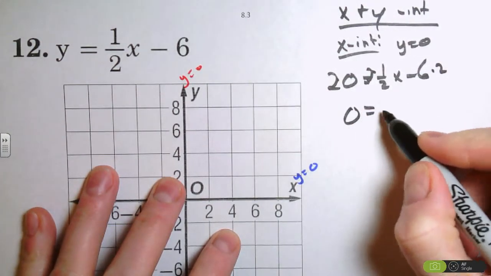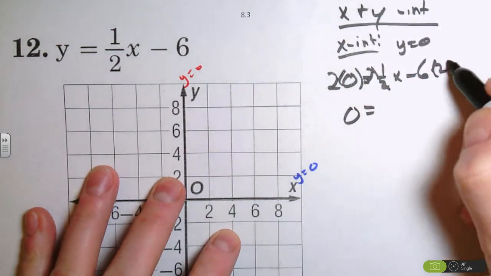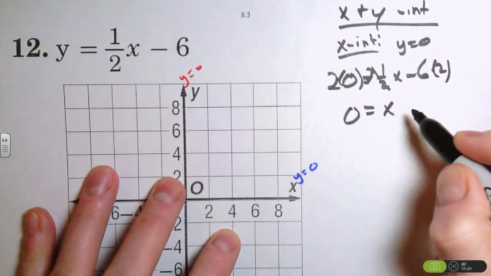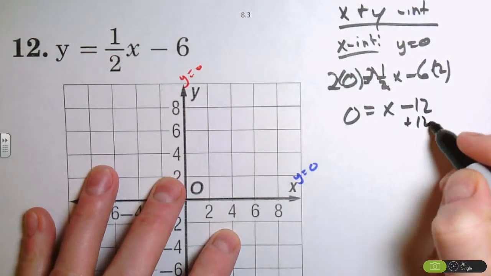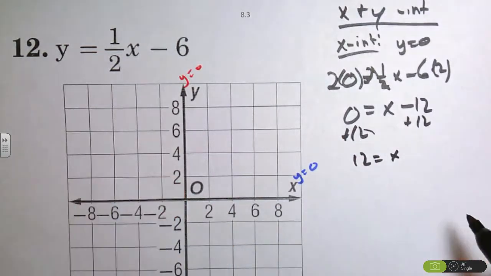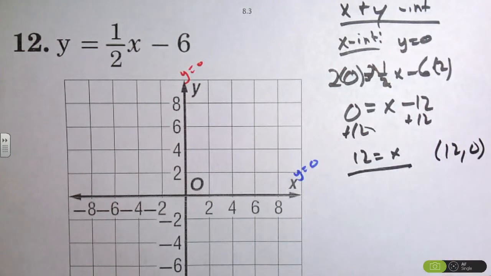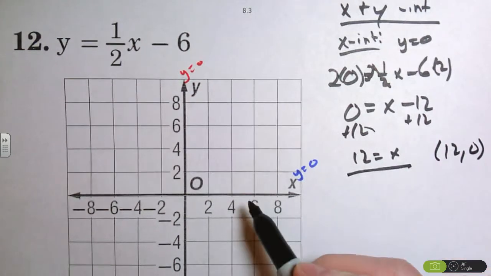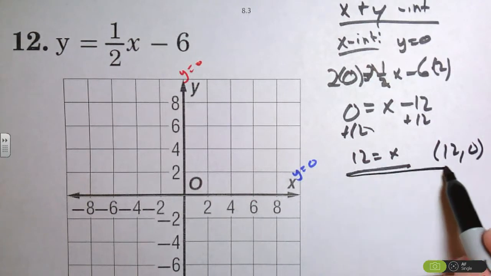You get 0 equals 1x minus 12, and then add 12 to both sides. So 12 equals x. That means I have the ordered pair (12, 0). Unfortunately, that doesn't fit on my graph, but I would know it, and if it did fit, it'd work out.